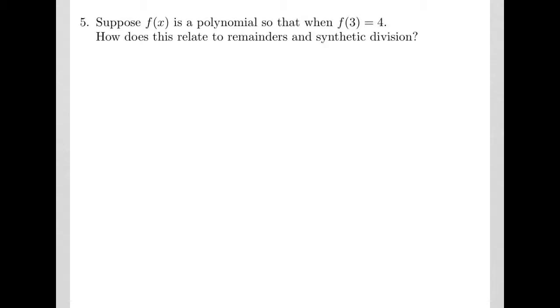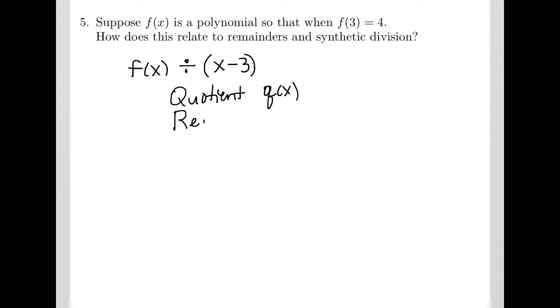So the idea is, if I have f of x, and I were to divide it by the factor coming from this test point, x minus 3, I would get a quotient of some sort of polynomial, q of x, and I would get a remainder, r.